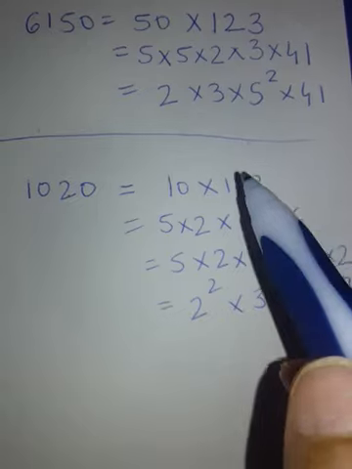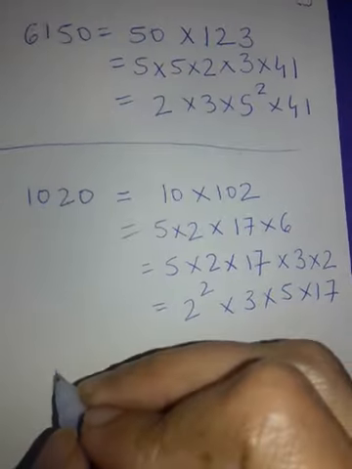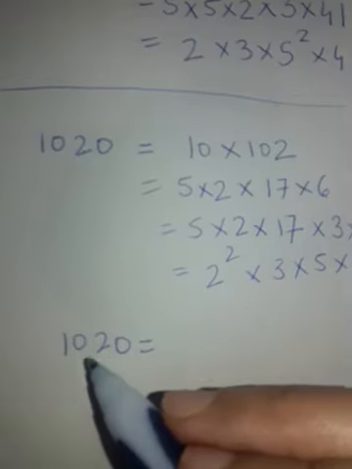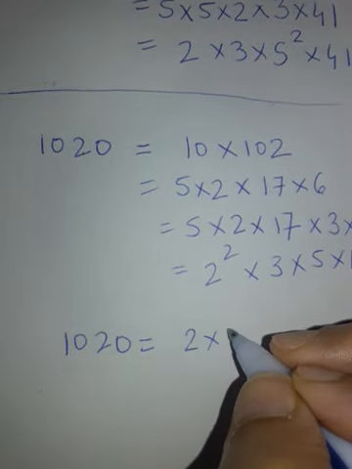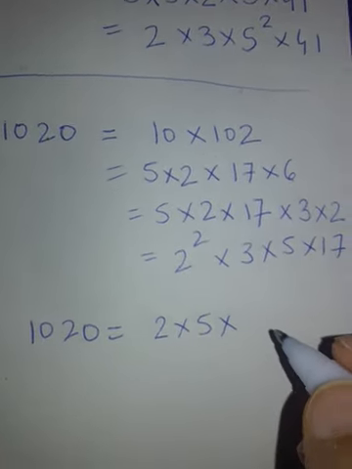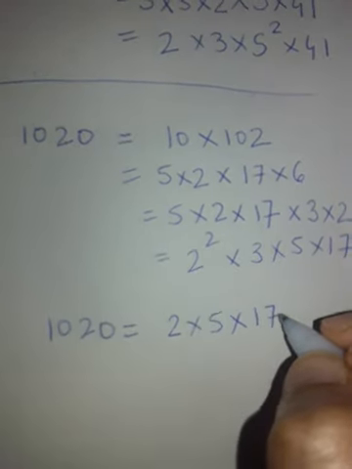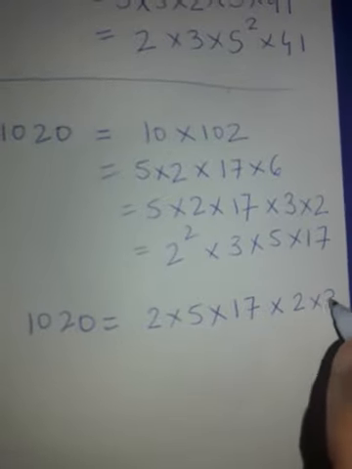Within few seconds we had our factors. Now I will advise you to avoid all these steps also. If you get 1020, try to do it orally. What is 1020? It is 102 into 10. 10 is 2 into 5. Write it down. Then remains 102. 102 is 17 6s. 17 is prime. So write it down. 17 6s. 6 is 2 into 3. So write it down.